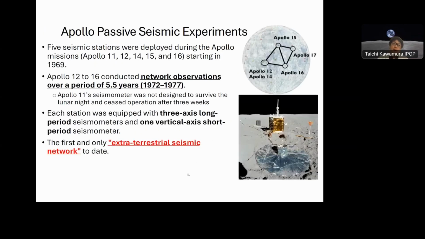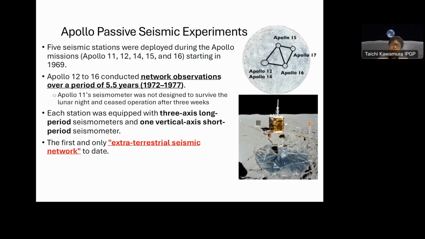Of course, we are not the first ones to do seismology on the moon, and we already have some data from Apollo. Here is a short summary of what was done by Apollo. Apollo was a mission with five seismic stations, of which the stations from Apollo 12 to 16, four in total, made up the seismic network.